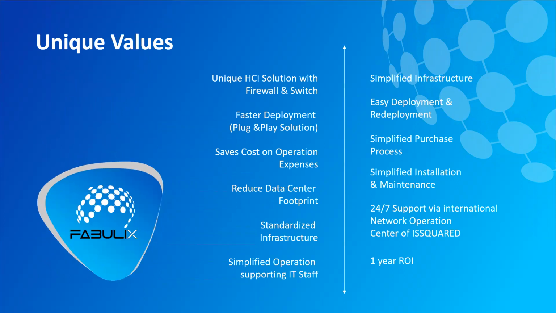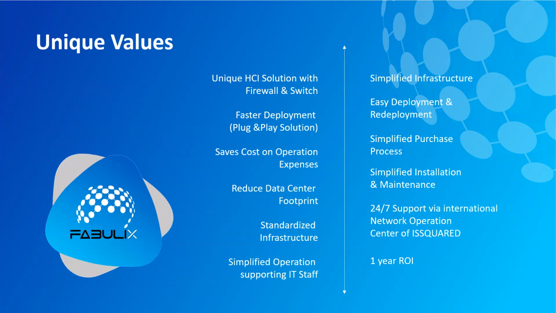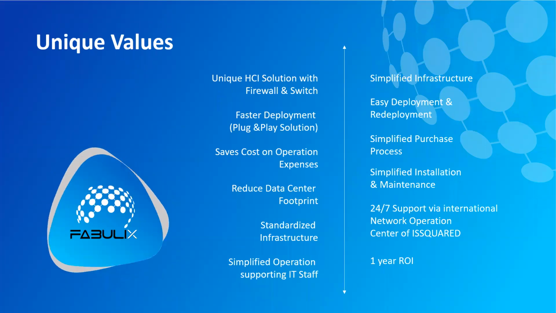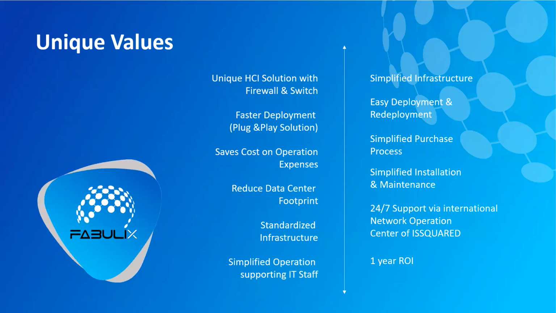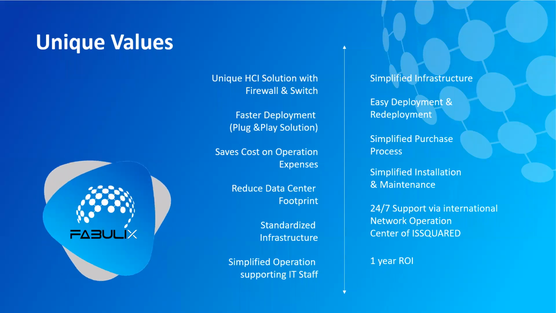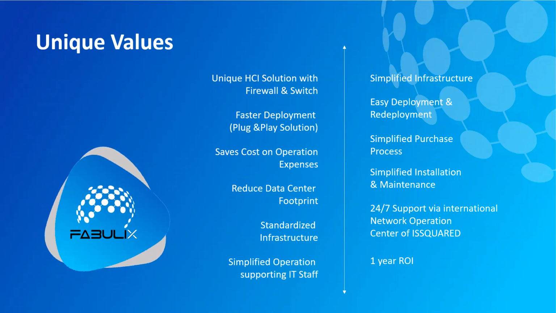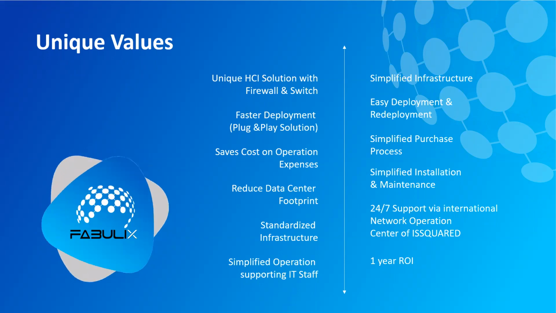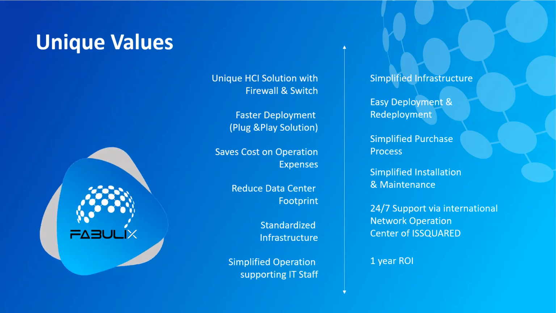Fabulix HCI is an end-to-end solution for any kind of organization. There is no restriction to only one vertical or business functionality. It covers all the business use cases, for various departments and verticals, including the enterprise sectors.